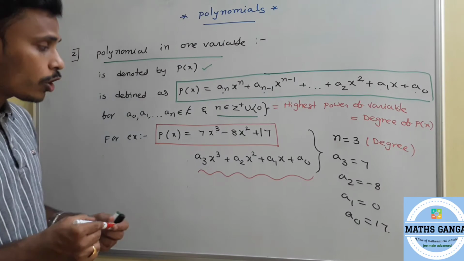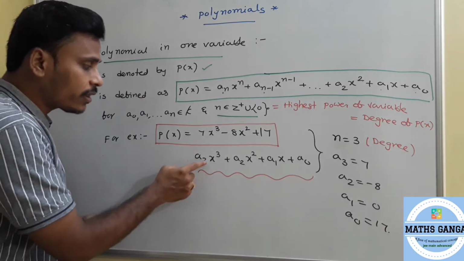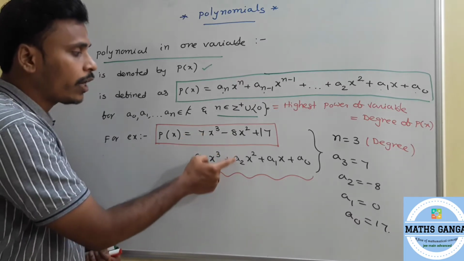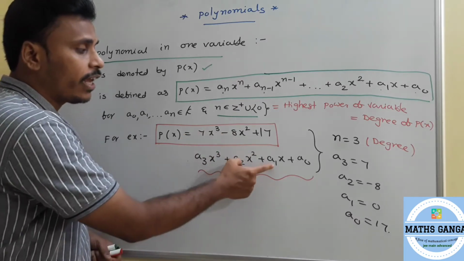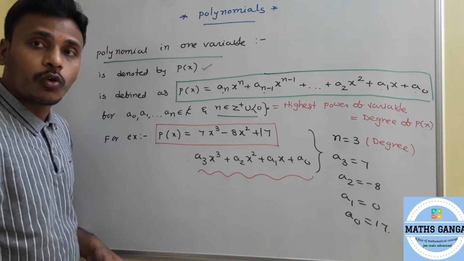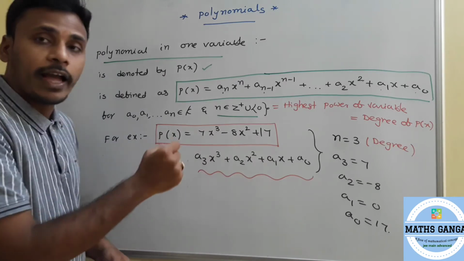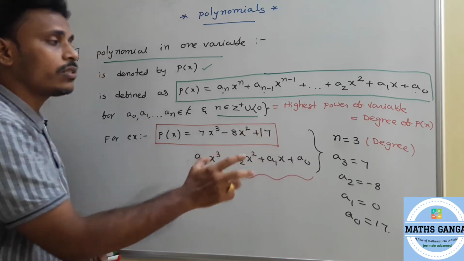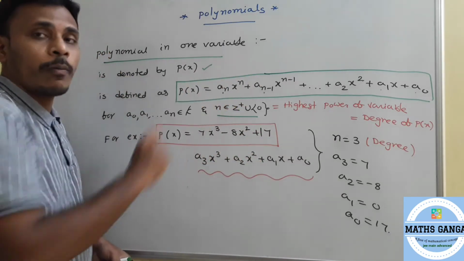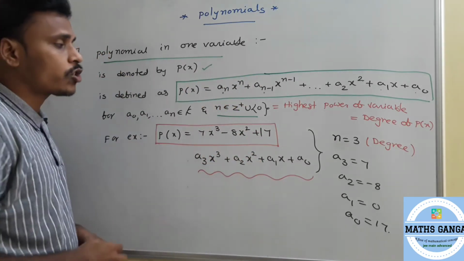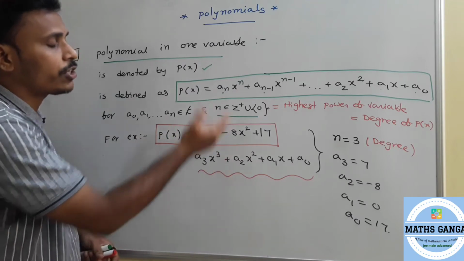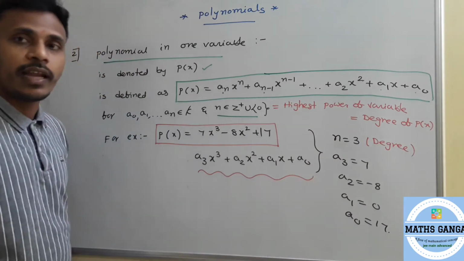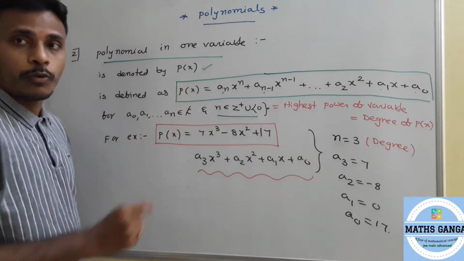Coming to the coefficients, here a3 x cube and here it is 7x cube. So the a3 value is 7, the a2 value is minus 8, and since the x term is not involved in the polynomial, the a1 value is 0, and a0 is a constant, and that constant value is 17. So we can compare any given polynomial with its general form, and on comparing we get the coefficients and the degree like this.